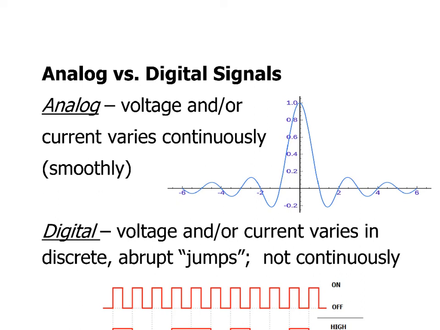First, we just want to establish what analog means and what digital means. Up to this point, pretty much all of the devices and electronics that we've been talking about are analog, and that means that when you apply voltage or current to them, you can vary that. If the circuit has a changing voltage or a changing current, it's going to change smoothly, like a curve.